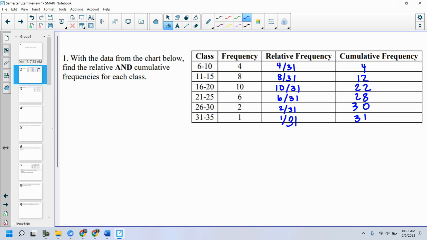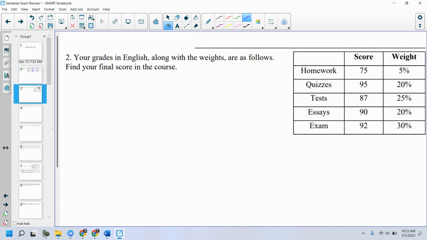Number 2, your grades in English along with weights are as follows. Find your final score in the course. The weighted mean, right? I'm going to get out my yellow sheet.